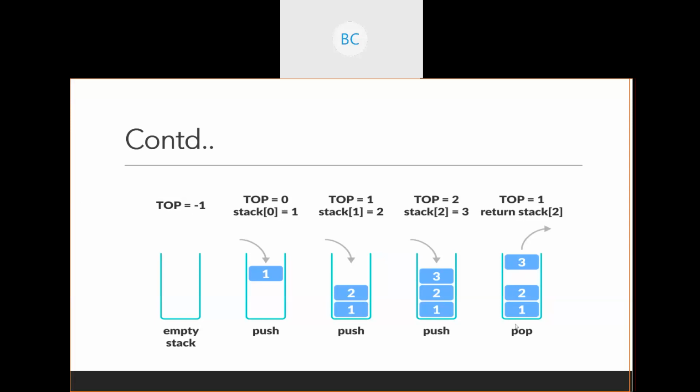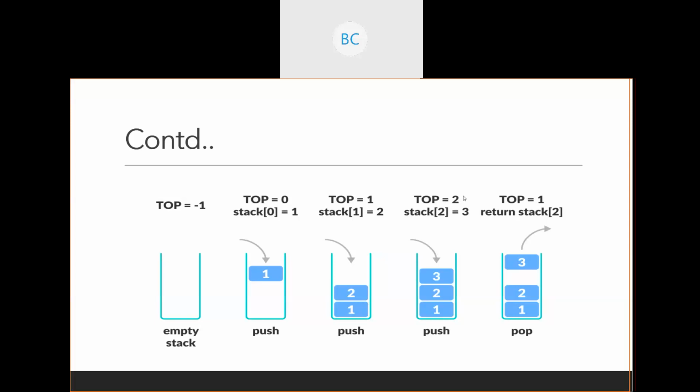So when you want to decrement means pop an item, you will decrease the value of top. Suppose in this case, your top value is 2 and you have 3 items inside your stack. Okay. So when you want to delete something, first you need to decrease the value of top. Okay. So when you want to delete, simply decrease the value by 1.